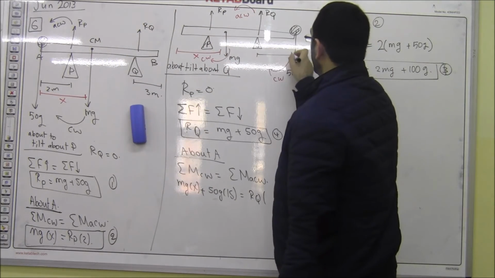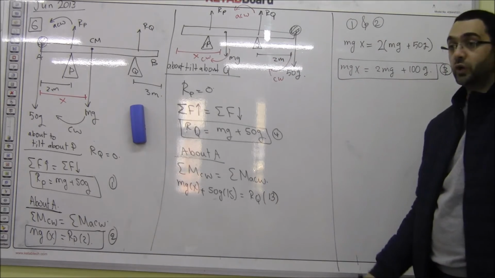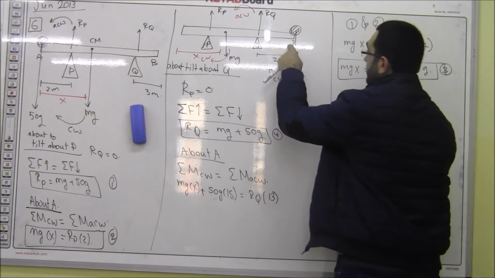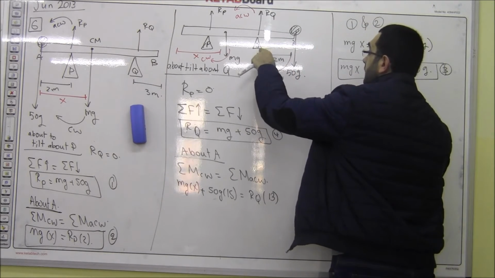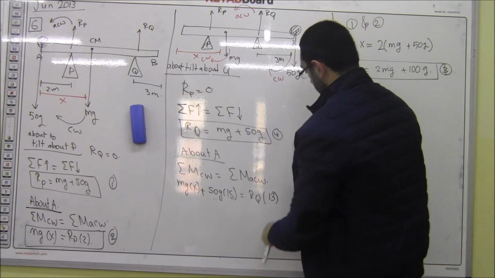This is 2 meters, right? That equals 13. From Q to B, 2 meters. 3 meters. Okay, sorry, 3. So it's 12.